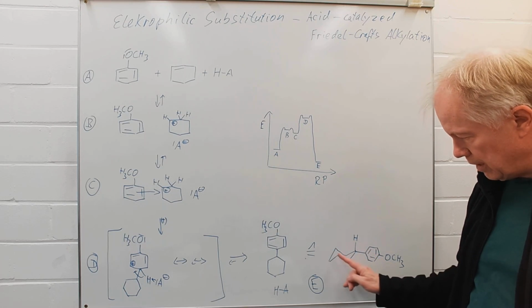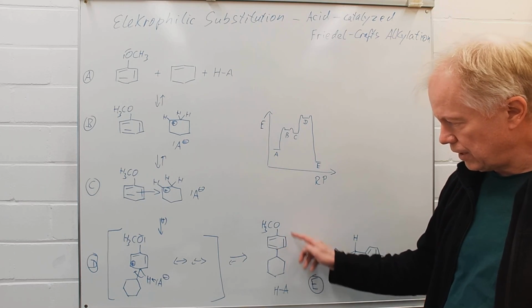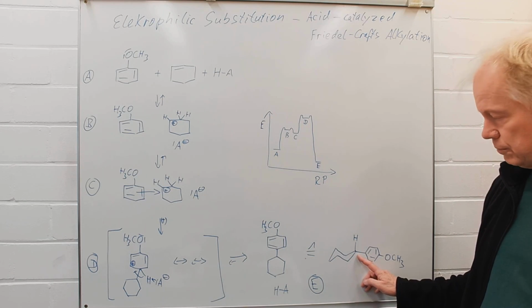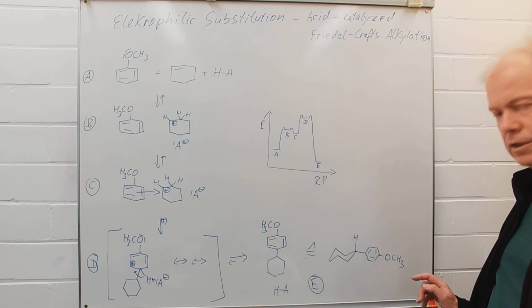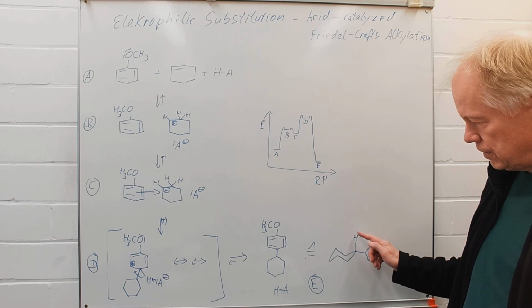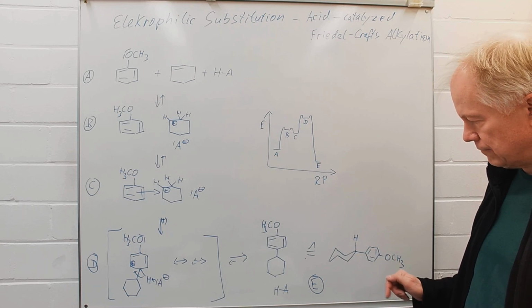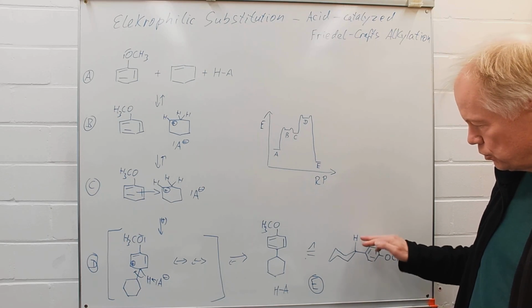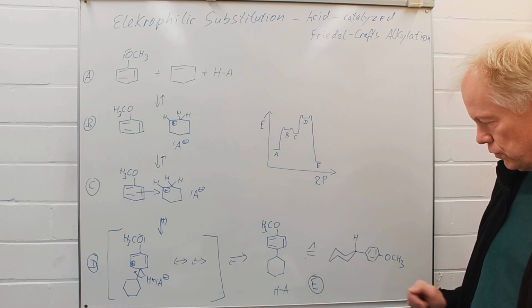This will adopt a chair conformation, and this aryl substituent will be preferentially in equatorial position to avoid the 1,3-diaxial interaction with the hydrogens if it would be in an axial position. So this is the preferred conformer.